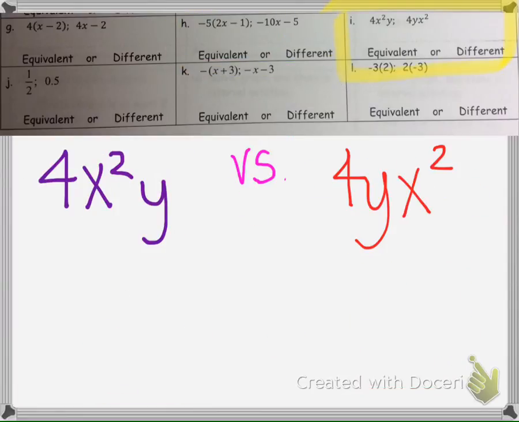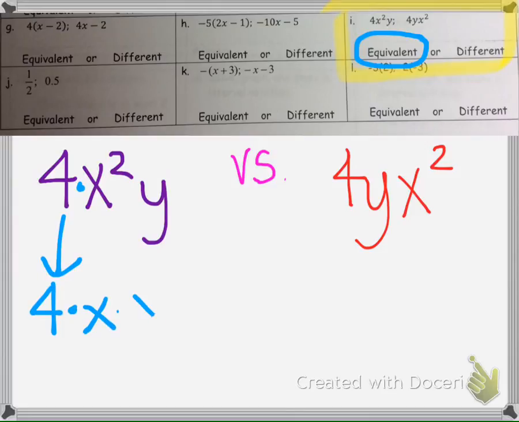Okay, so if we look at letter I here, one way to tell that these are equivalent is if we use the commutative property, they could be written the same way. So if we break this up, this looks like 4 next to an x means multiply, x squared means there's 2 of them being multiplied, and then times y.